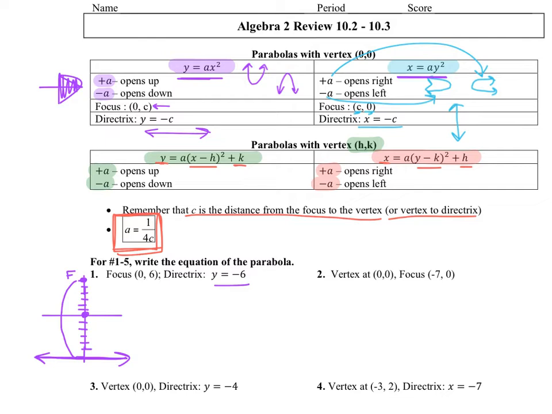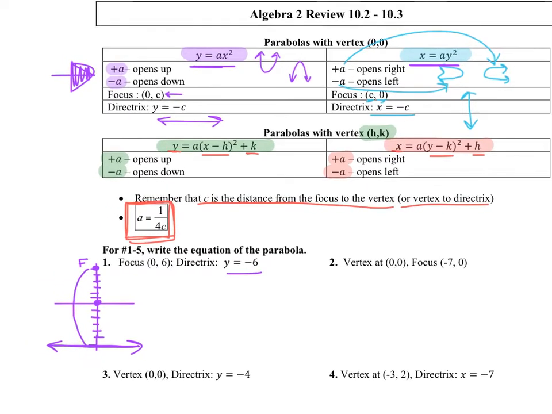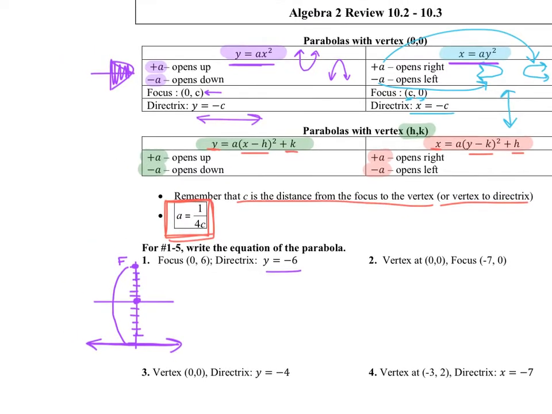Because the focus has to be within the bulb of the parabola, my parabola would have to go like this. Something like this. Sorry, pen's not wanting to work. So that means it's opening up, right? Which means we're using this setup.